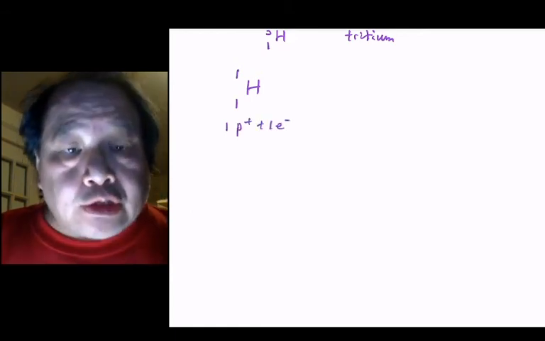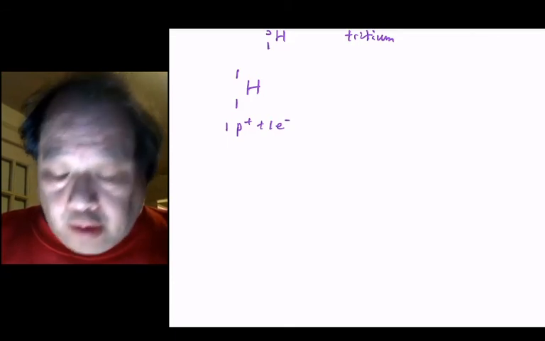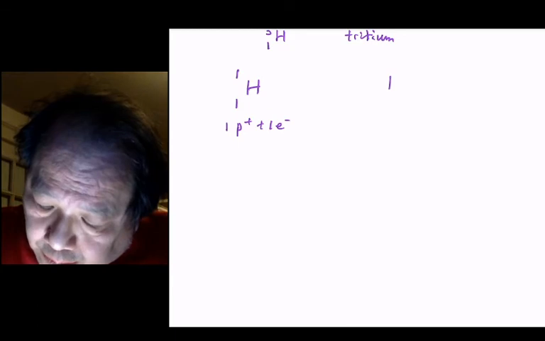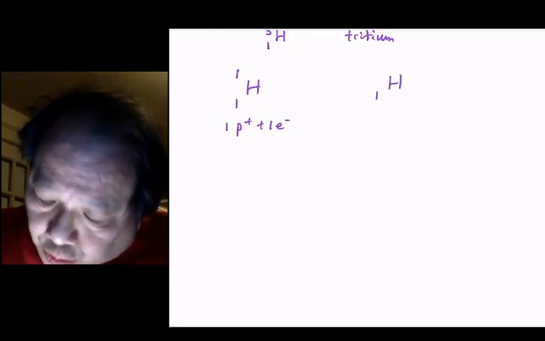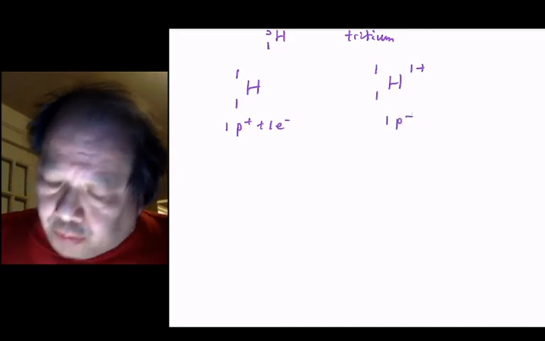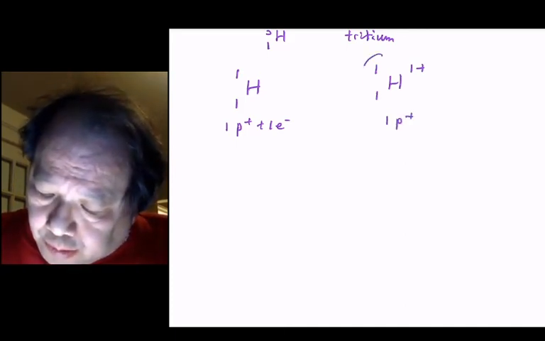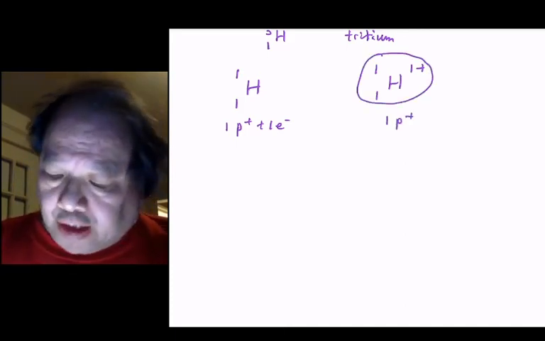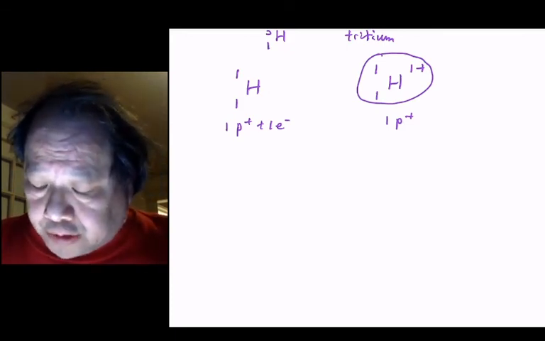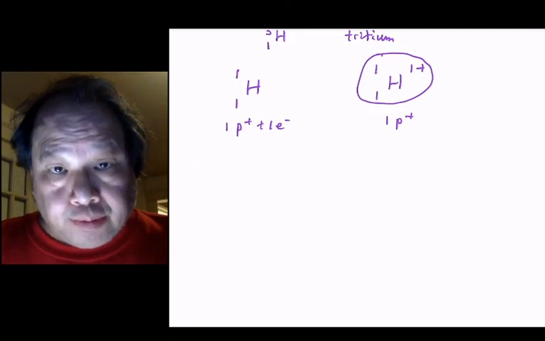If it loses the electron, then it acquires a net charge. A net charge of +1, and we put the charge up here. So this symbol here, with all these things around the H, a 1 in the lower corner, a 1 in the upper left, and a 1 plus in the upper right, is the same thing as a proton.